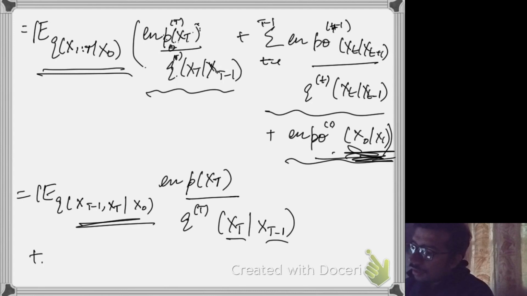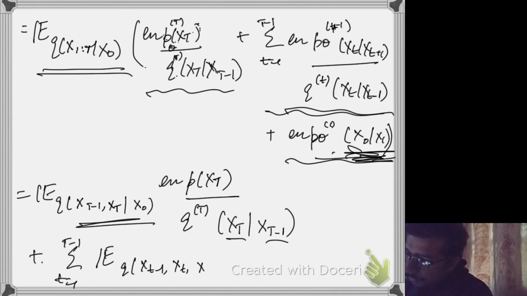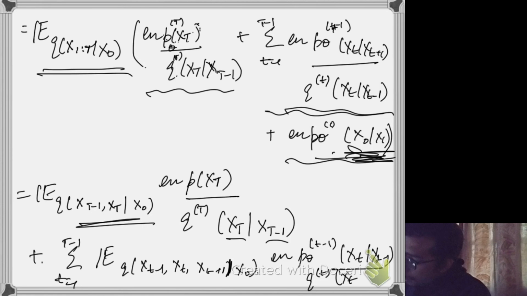And now if I consider this summation, which is sum over t from 1 to capital T minus 1, this expectation would be over x t minus 1, x t, x t plus 1, given x naught of course, and then log p theta t minus 1 x t given x t minus 1 over q t x t given, so numerator I have x t given x t plus 1, denominator I have x t given x t minus 1.